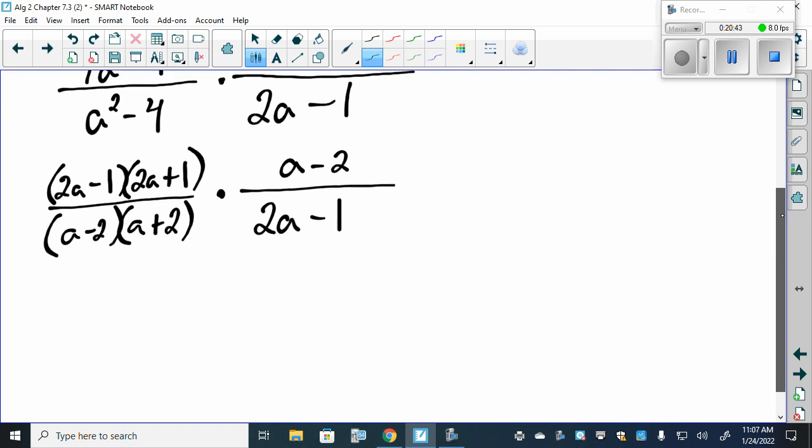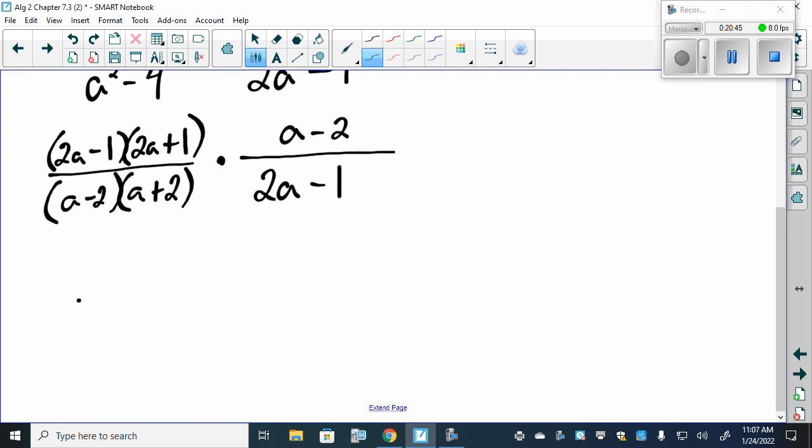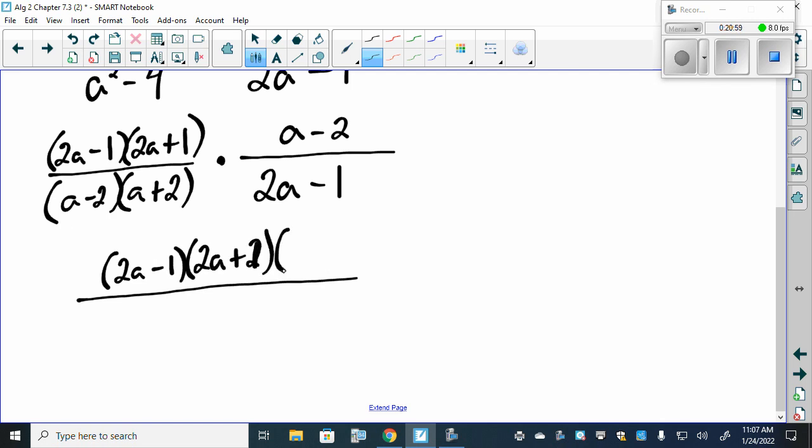Well, everything is factored so we can multiply it together. So we can say 2a minus 1 times 2a plus 1 times a minus 2 over a minus 2 times a plus 2 times 2a minus 1.